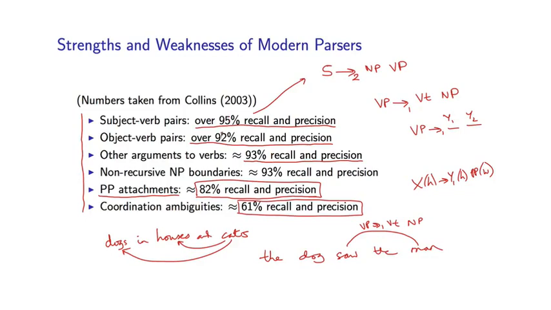Basic relations like subject-verb, object-verb, other arguments to verbs are recovered with high accuracy. It's when we have modifiers by prepositional phrase attachments, coordination ambiguities, and so on, those are the cases which are causing difficulty. These are old results. Actually, this parser, in spite of this date, was more like 1997. Although I think if you looked at modern parsers, you'd still see a similar split between easy or high accuracy dependencies and lower accuracy dependencies.